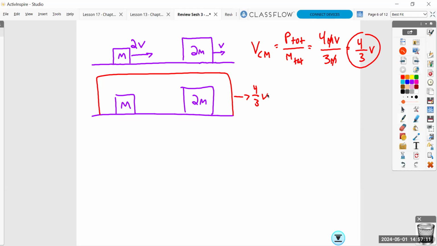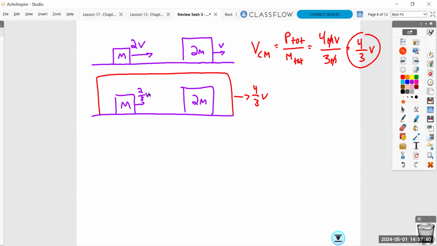So we subtract: 2v minus 4/3 v gives 2 minus 4/3, which is 2/3. So this one now looks like it's moving 2/3 v this way.